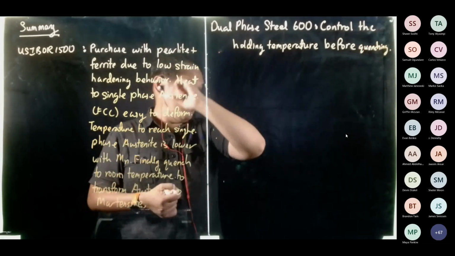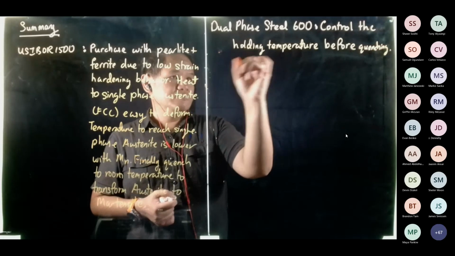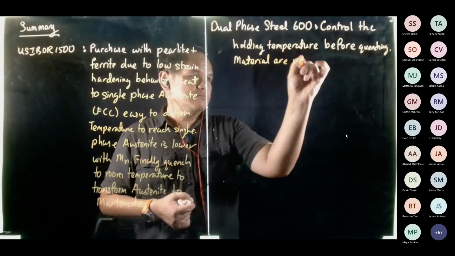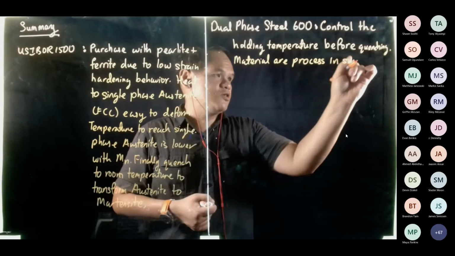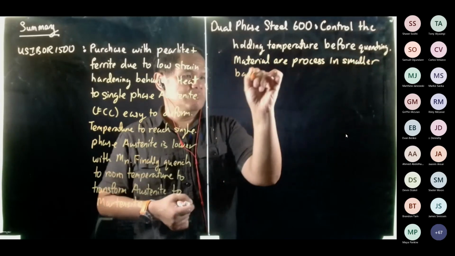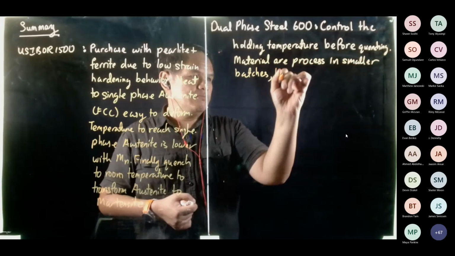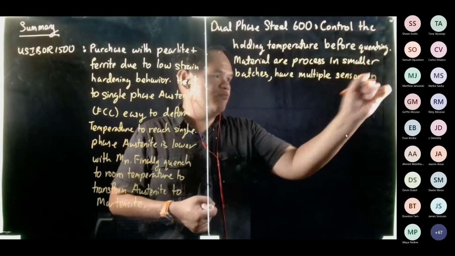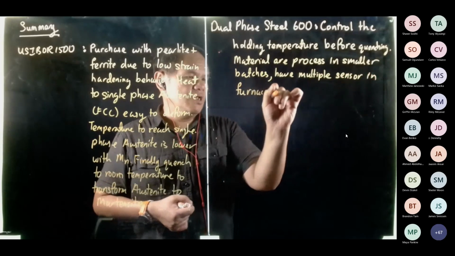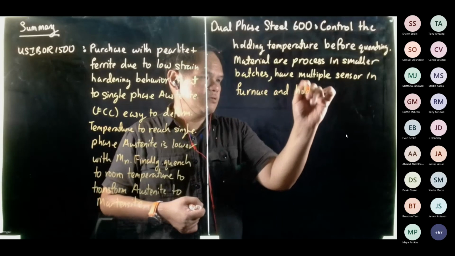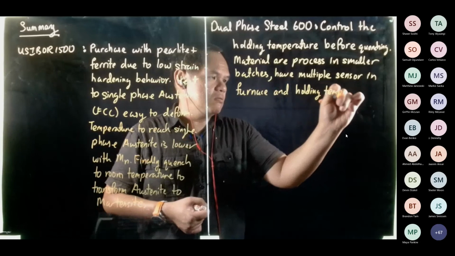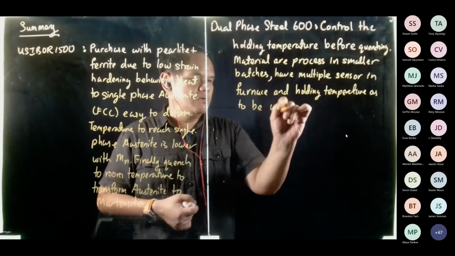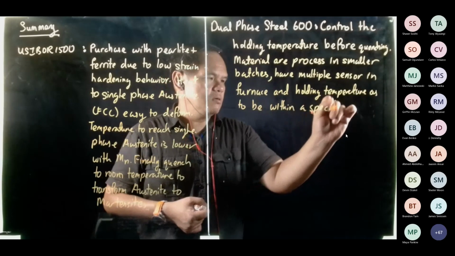Like what we have mentioned before, we have to ensure that material is processed in smaller batches, have multiple sensors in the furnace, and the holding temperature has to be within a specific range.